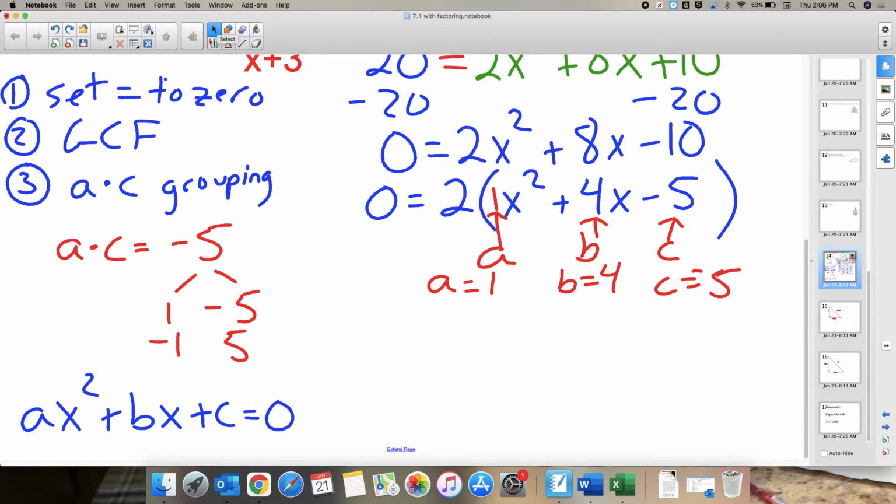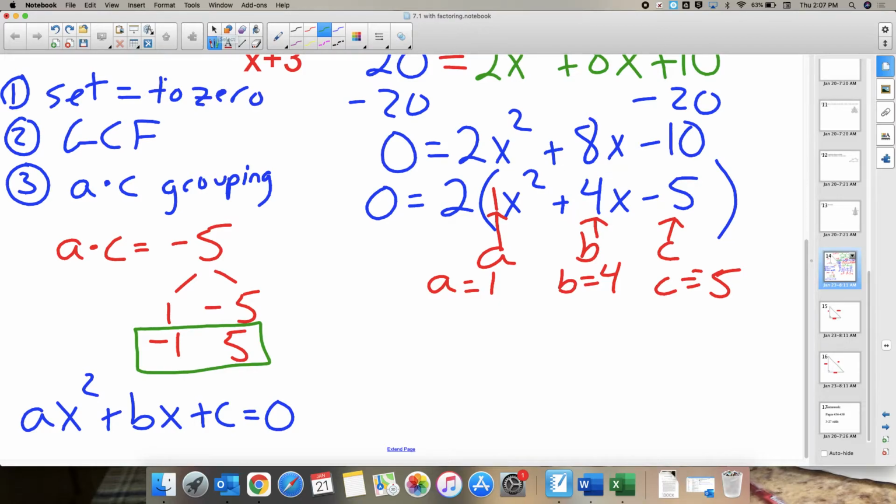We want the set that will add to the B value. Our B value was a positive 4. So the set that is adding to my B value is the negative 1 and positive 5.